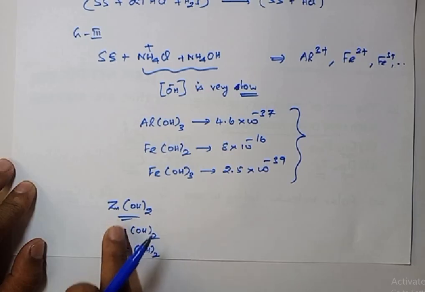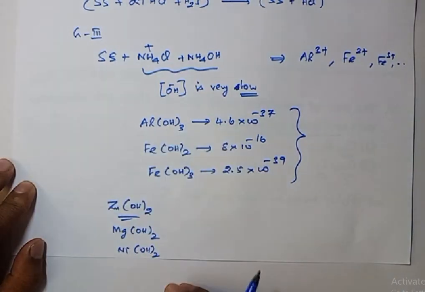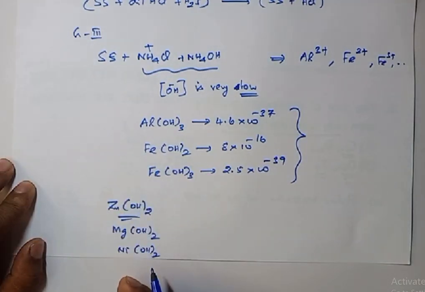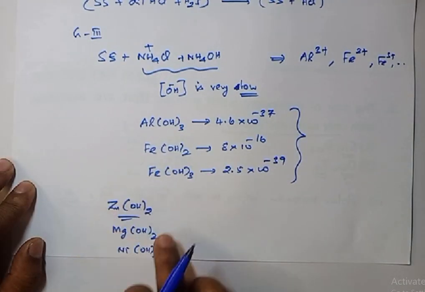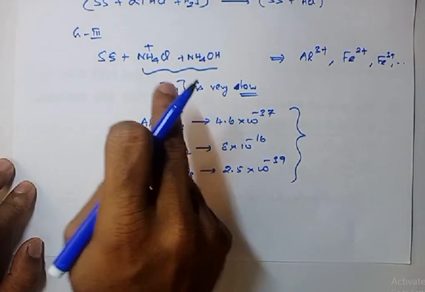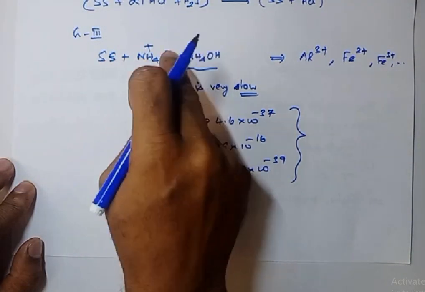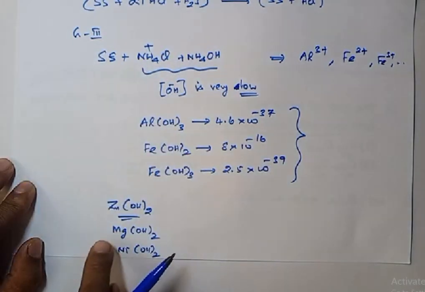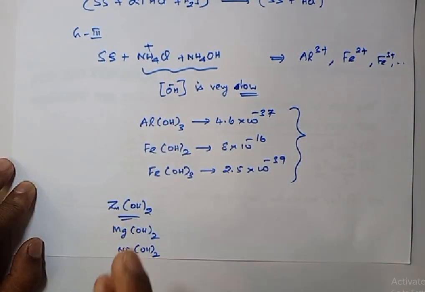Suppose group 2 metal ions or other group metal ions, for group 4, group 5, are present, they can also form hydroxides. When we add this reagent, ammonium chloride and ammonium hydroxide, to the salt solution, if group 4 metal ions are present, these metal ions can also form hydroxides, but they never get precipitated.